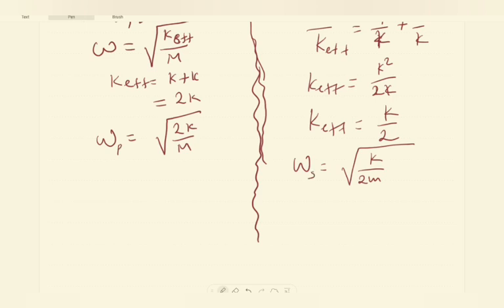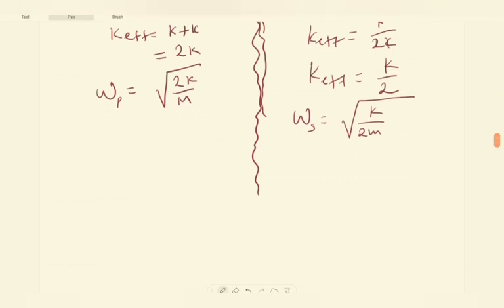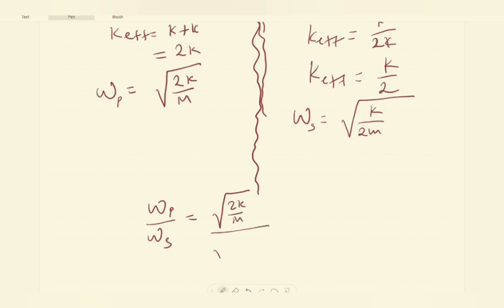So by comparing both, let's make some comparison. So let's divide the angular frequency of the parallel by the angular frequency of the series. So the angular frequency of the parallel is simply square root of 2k divided by m, divided by square root of k divided by 2m.